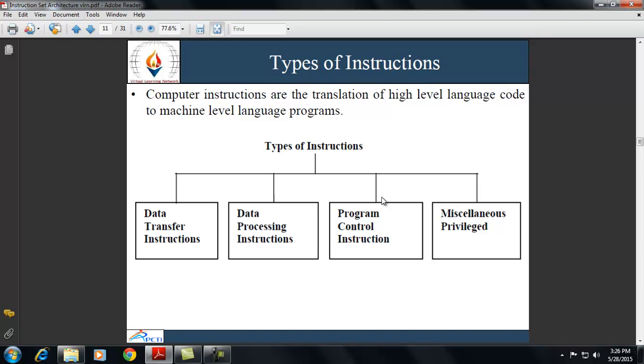If we talk about the data transfer instructions, then these instructions transfer data from one location to another in the computer without changing the data content. Some of the most common transfers are from processor registers to memory, processor registers to input-output, and processor registers themselves.